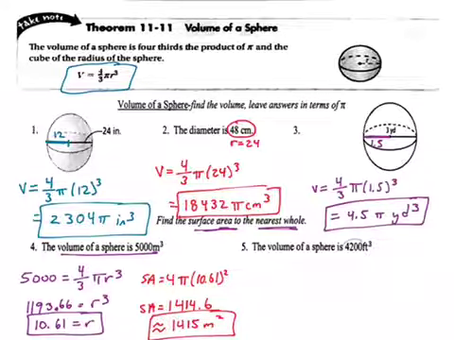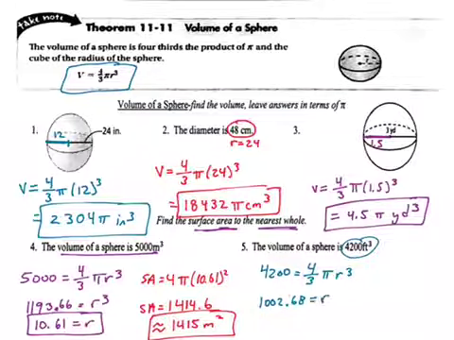Question 5 does the same thing. They give us the volume, so we'll take the 4,200 and set it equal to the volume formula. We'll get rid of the 4/3 pi first by dividing, which gives us 1,002.68 is equal to our radius cubed. We'll take the cube root of both sides of the equation. We get that the radius in this case is 10.01.